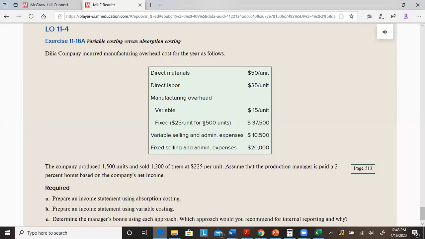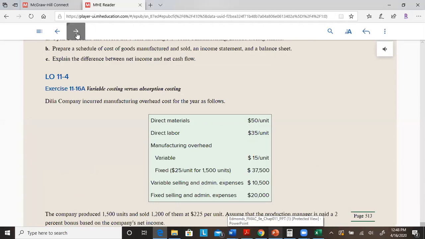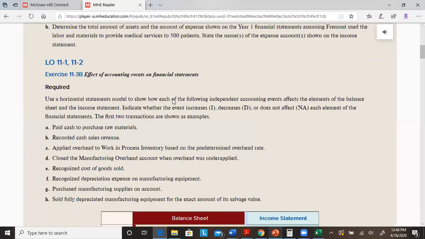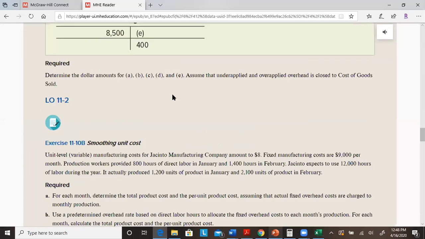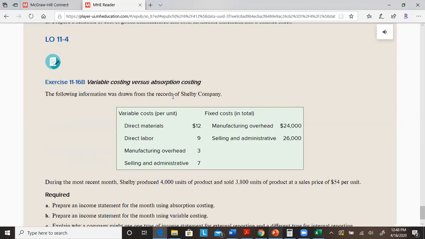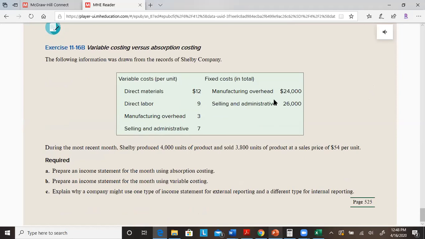Okay, so why don't I have you do exercise 16B, which is similar. In this case, again, you produced more than you sold, so your variable and your absorption income statements will be different.